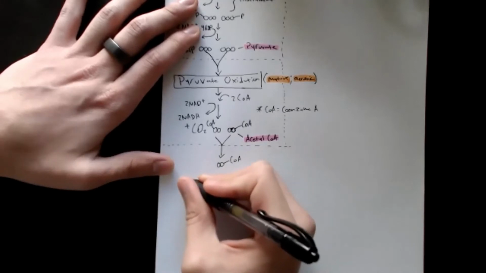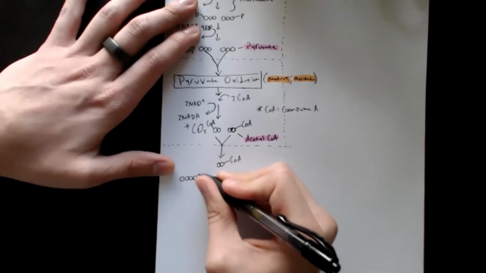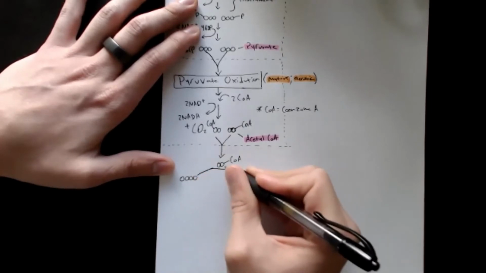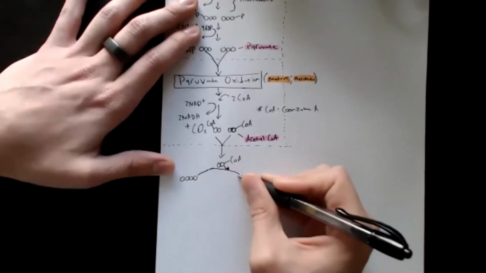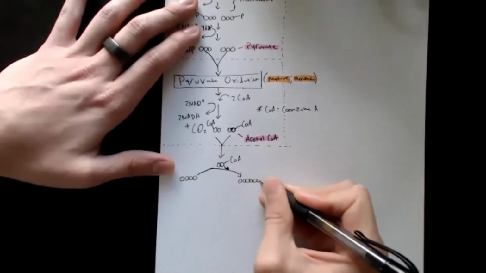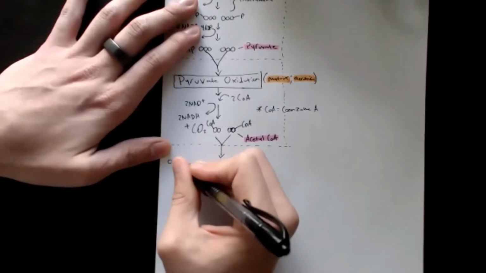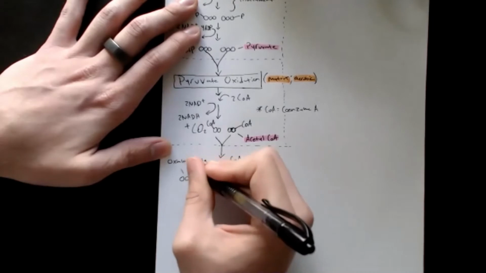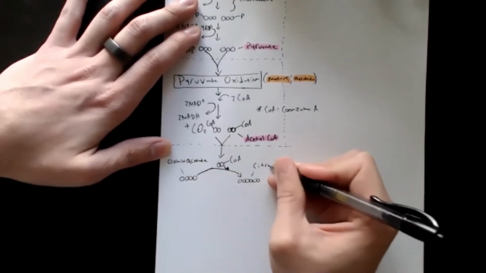And so remember, we start off with a 1, 2, 3, 4 carbon molecule called oxaloacetate, which moves into become a 1, 2, 3, 4, 5, 6 carbon molecule called citrate. Oxaloacetate and citrate.